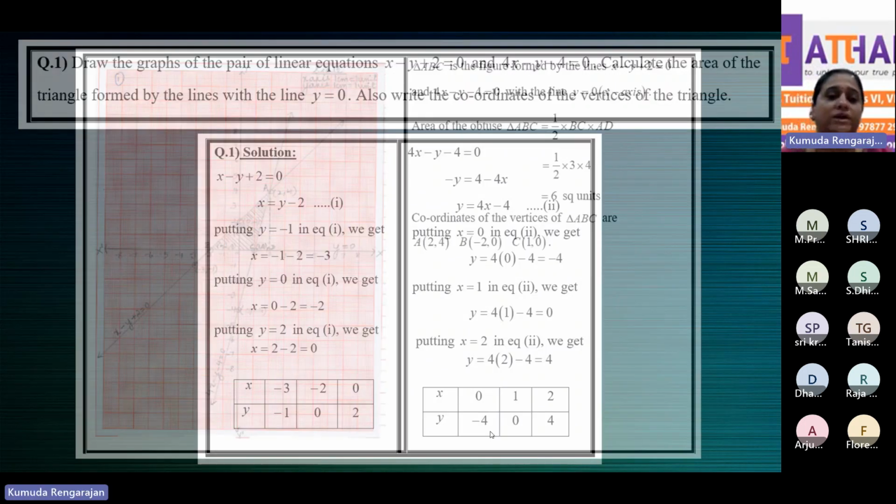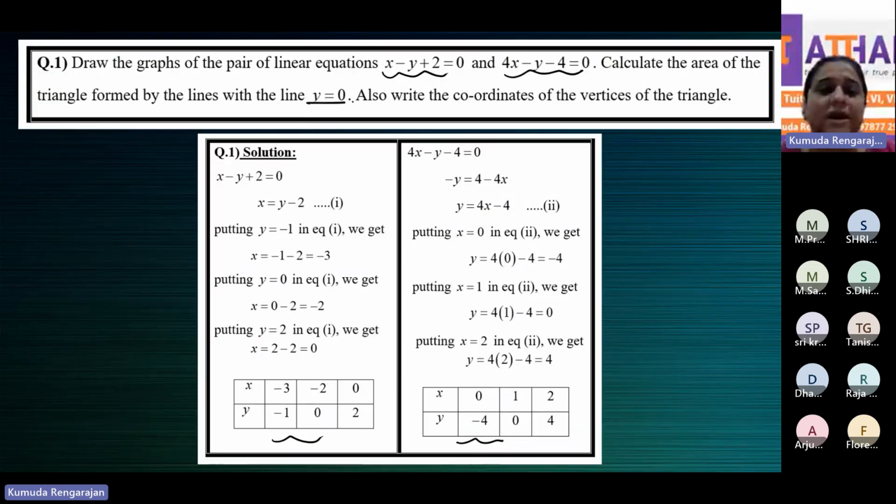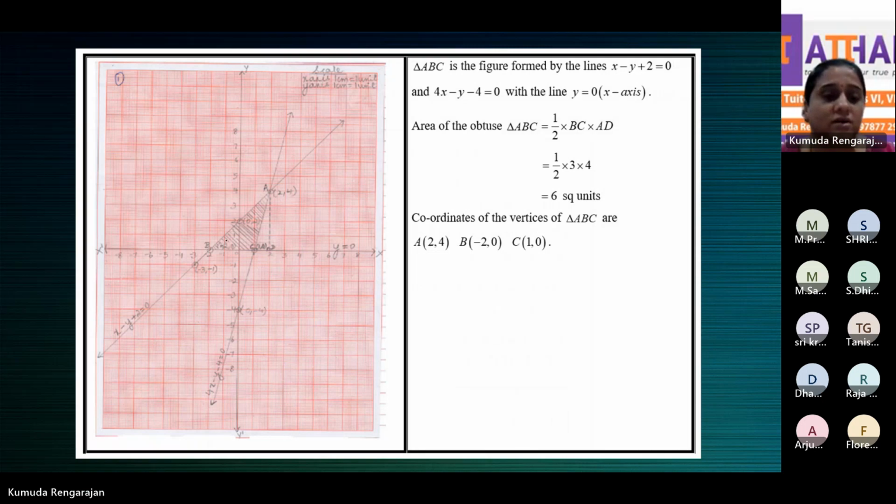Then plot the points, and shade the region bounded by the two lines and the x-axis, because y equals 0 is the equation of the x-axis. So clearly this is the triangle bounded by the two lines and the x-axis.